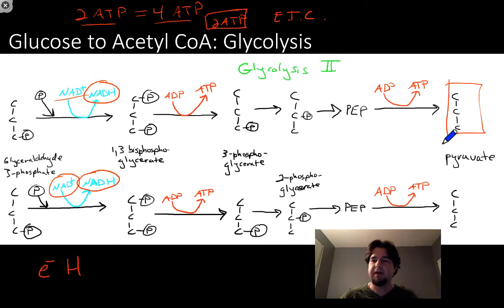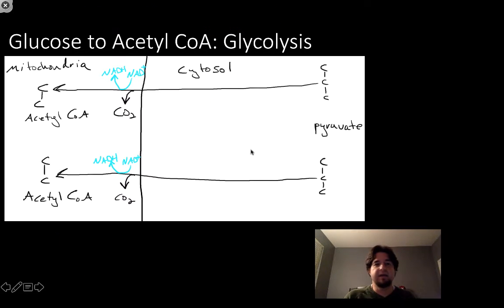Now, this pyruvate is going to make its way into the mitochondria. While glycolysis is technically done at this stage, pyruvate's still got a little bit more job to do.